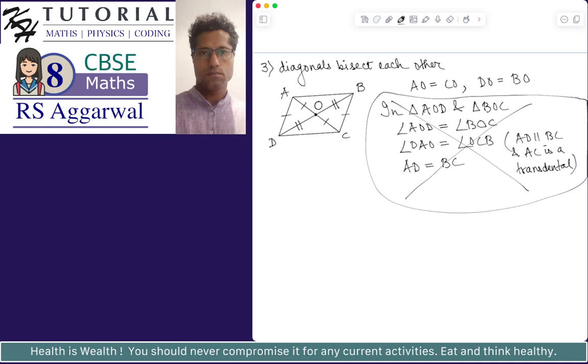But without using the fact that AD and BC are equal, we have to consider one common side. The diagonals bisect each other.